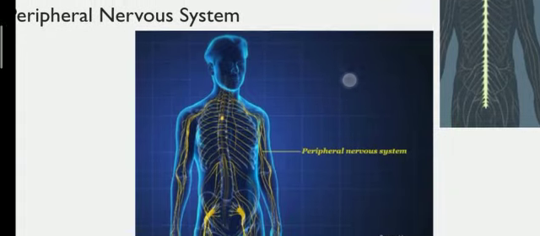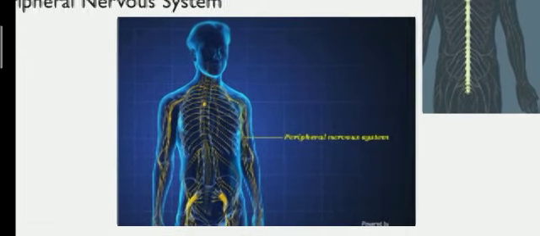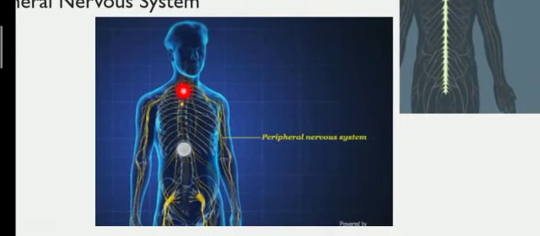And peripheral nervous system means the nerves which are arising from the central nervous system and going to the limbs and the other organs of our body. So that constitutes peripheral nervous system.